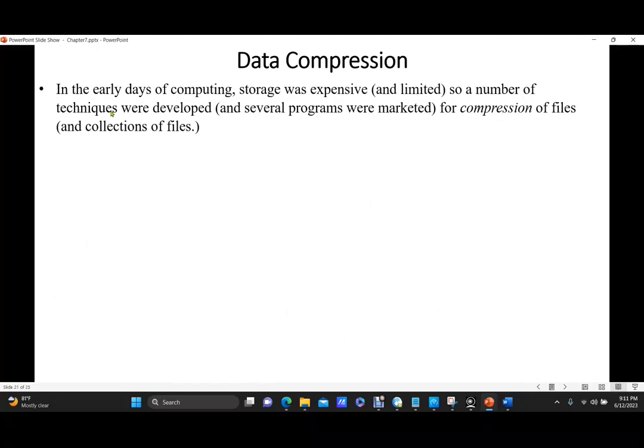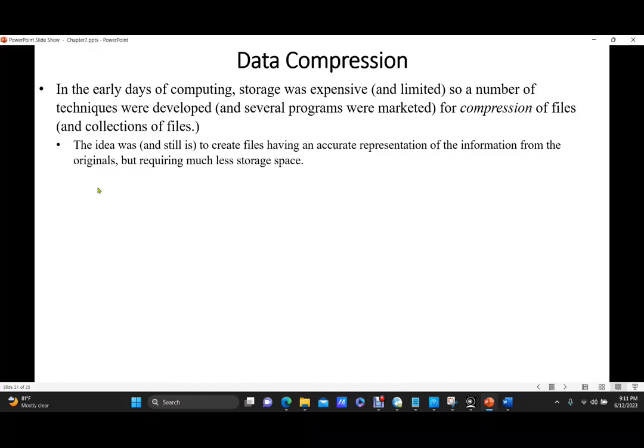In the early days of computing, storage was limited and expensive, and they developed a number of techniques and programs to implement these techniques to compress files and collections of files.